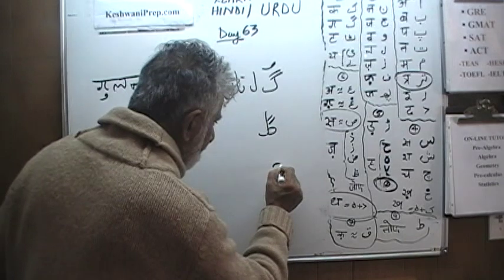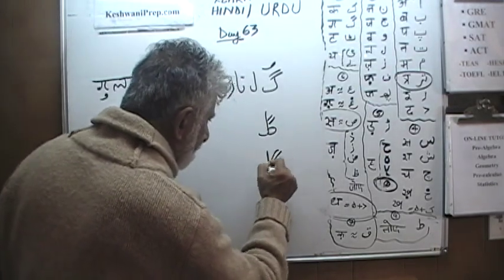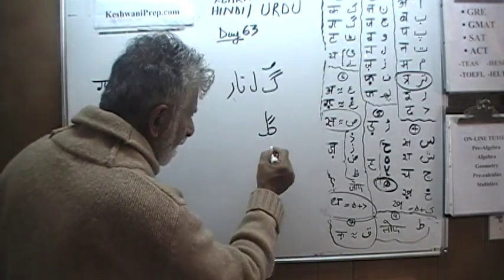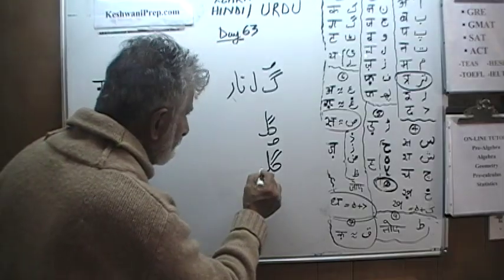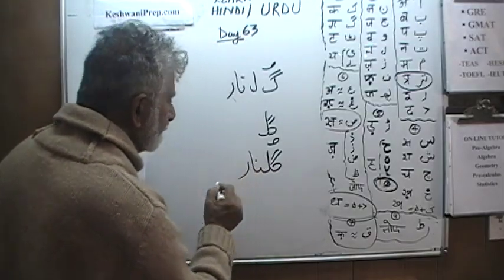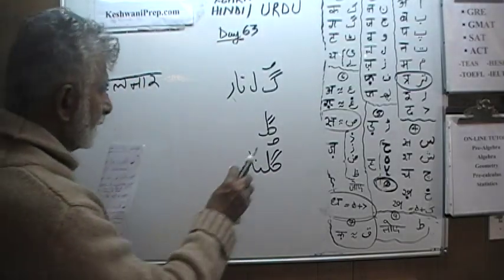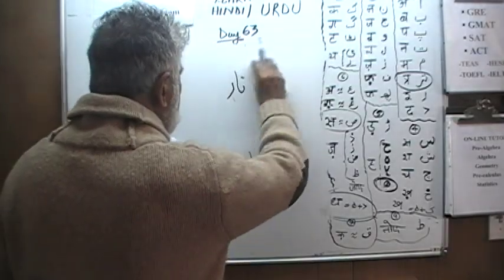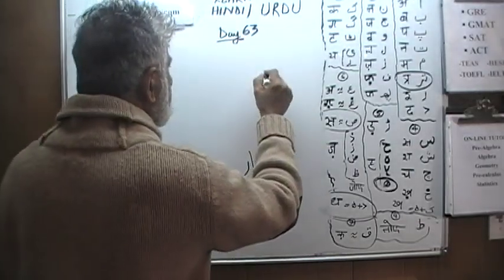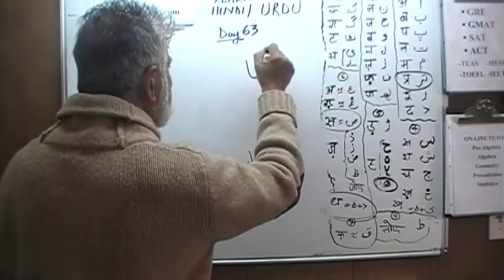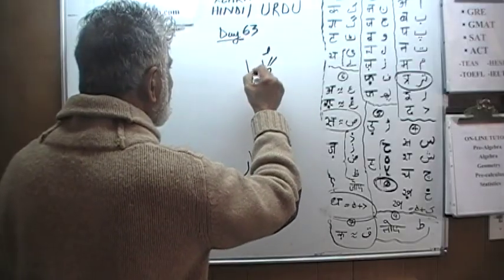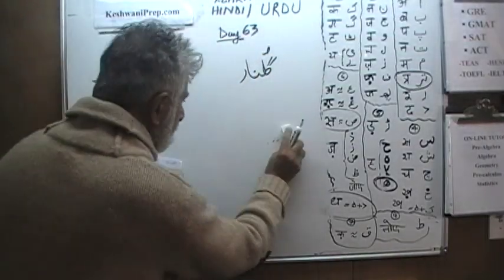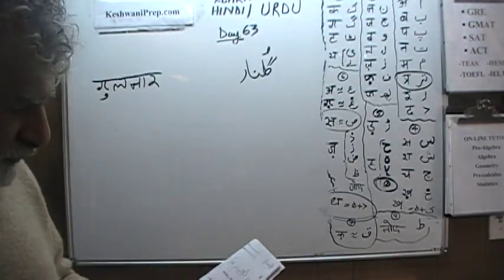In written form it just looks like this. That's a G and an L, and then you put U ki matra: Gul, Gulnar. There you go. That's how it's written. Gulnar means ashamed, embarrassed.